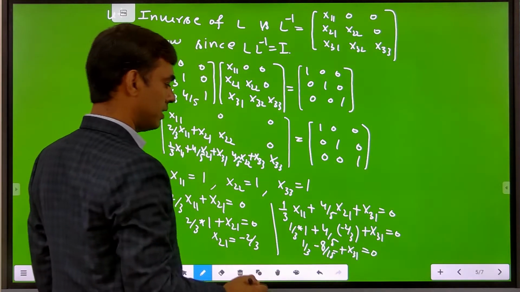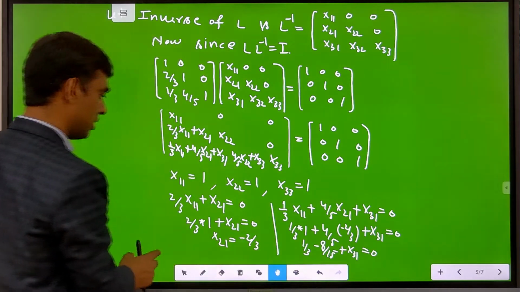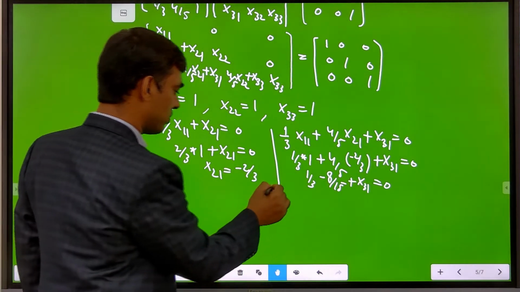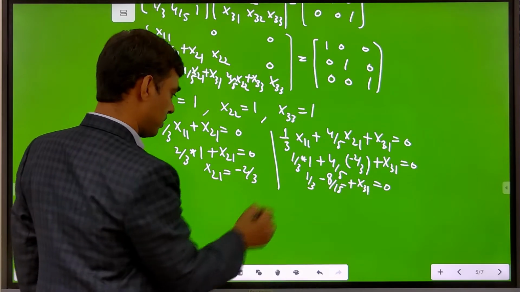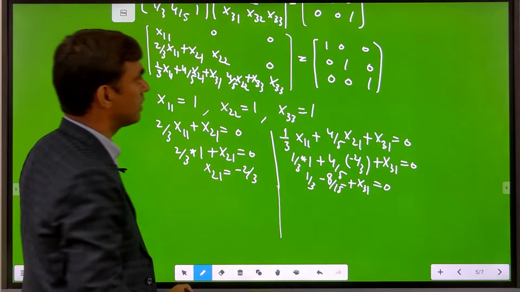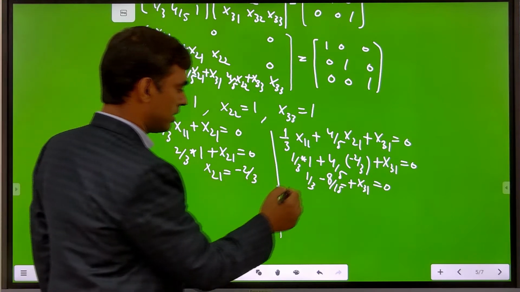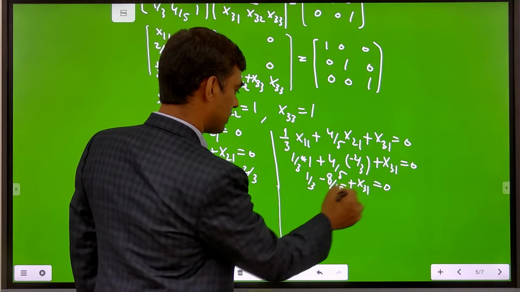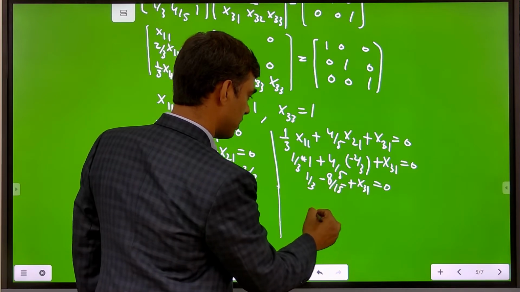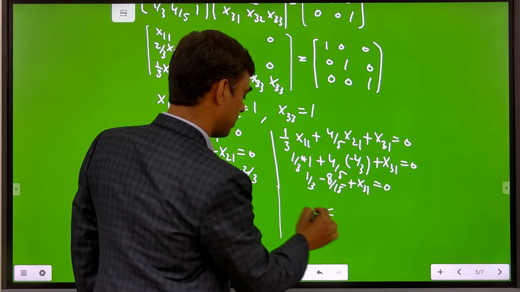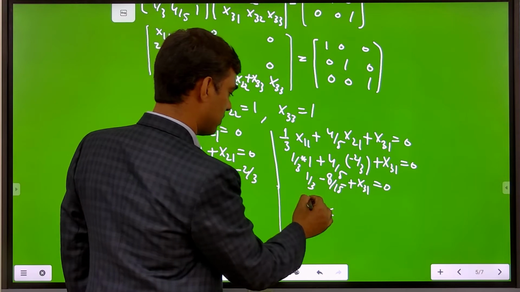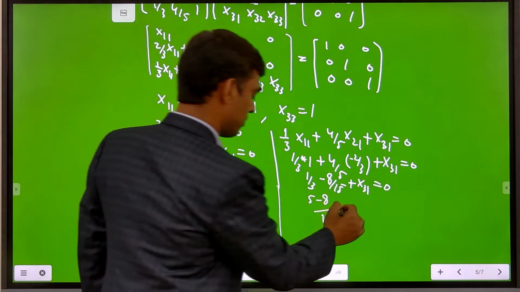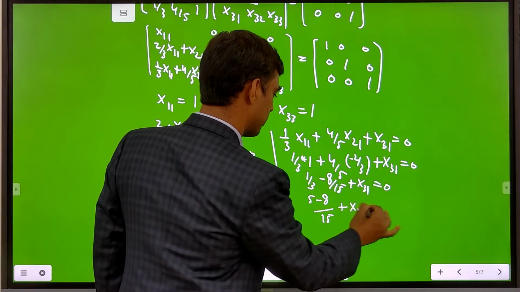If we simplify this one, the denominator becomes 15 and the numerator becomes 5 minus 8, plus x31 equals 0.